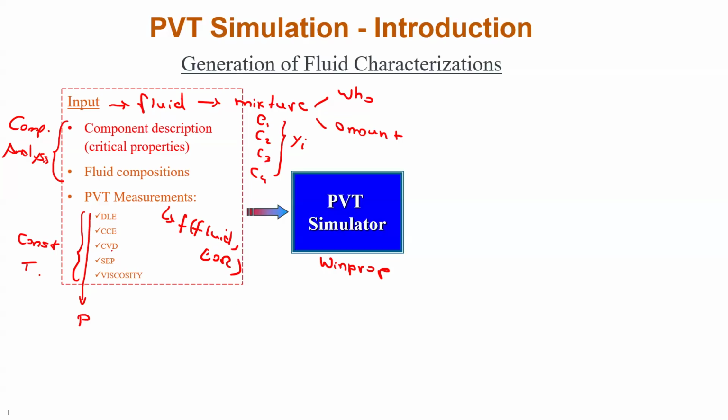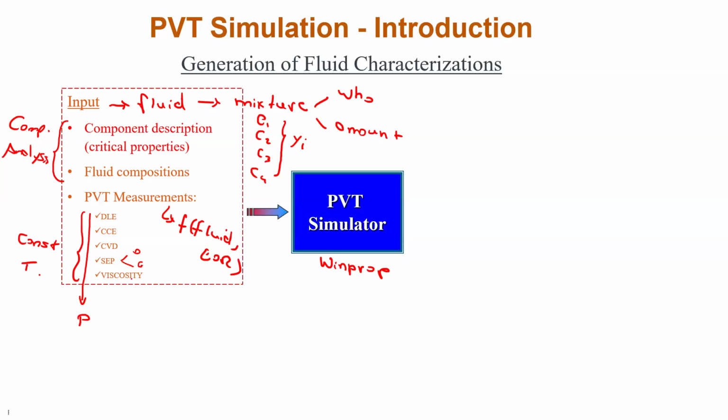This experiment, CVD, is constant volume depletion, so it's very common for gas. This is an experiment to know about the effect of the separation conditions, especially pressure and temperature, on the fluid composition. It is basically a sequence of flash calculations just to know how much of your mixture is in the oleic phase and how much of your mixture is in the gaseous phase.